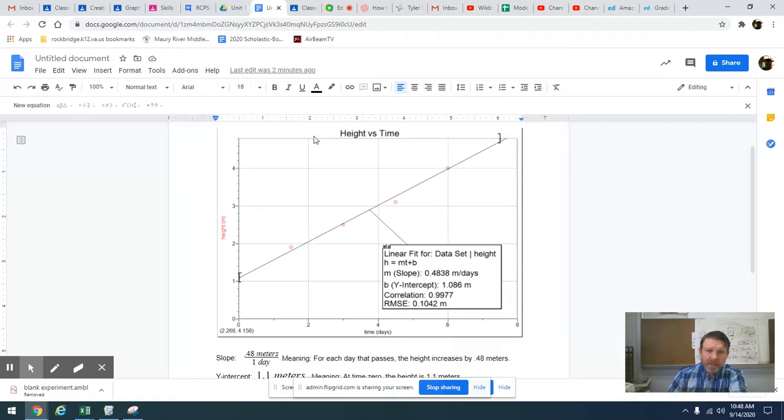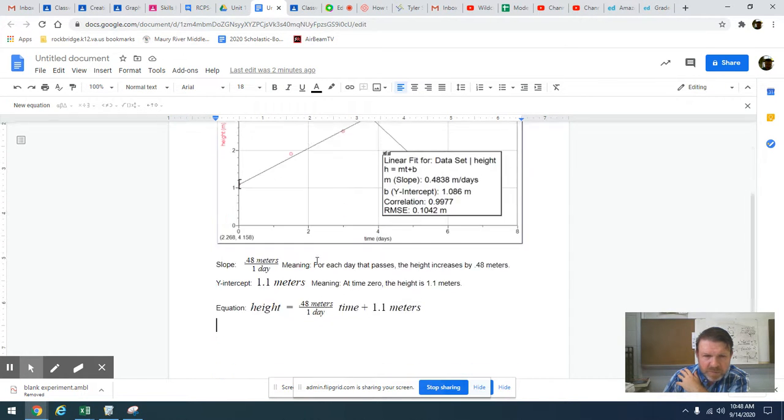So we're going to talk about, hey, physics, here's my graph. It's a graph of height versus time. And on the vertical axis, I have height measured in meters. Here I have time in days. You can see my line of best fit here. And here's what the computer came up with. So here's my equation. That height is equal to 0.48 meters for every 1 day times time plus 1.1 meters.